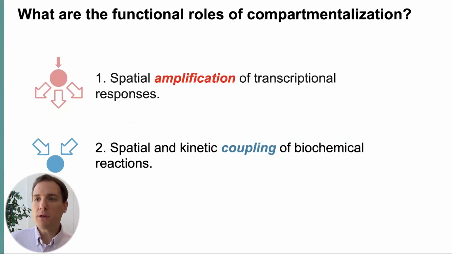And this plays really important roles across many different functional aspects of gene regulation. I won't go through all such examples, but I wanted to highlight two very briefly that we've been studying over the last few years. By seeding such compartments, RNA can act to drive spatial amplification of transcriptional responses, and can act to spatially and kinetically couple biochemical reactions in the nucleus.